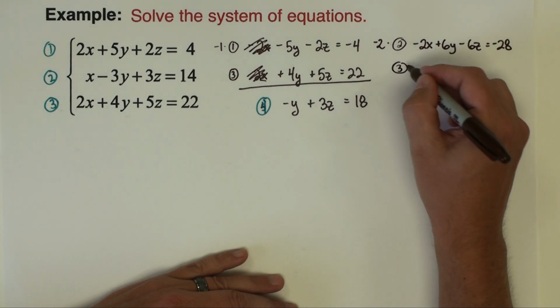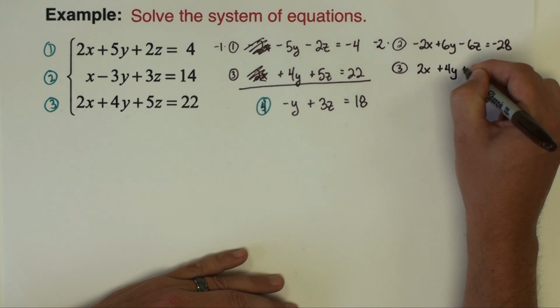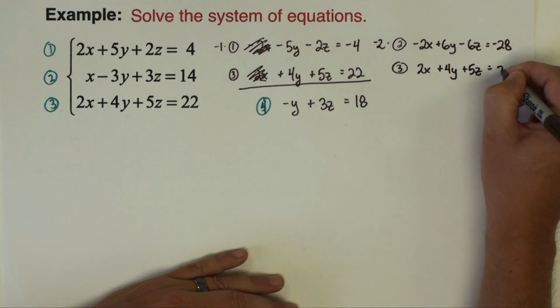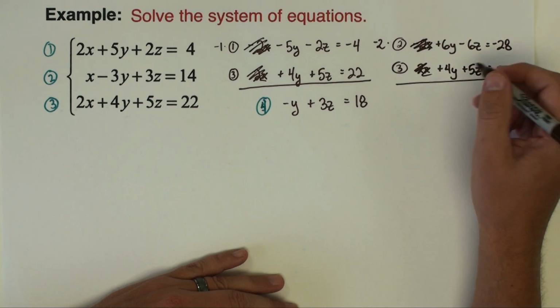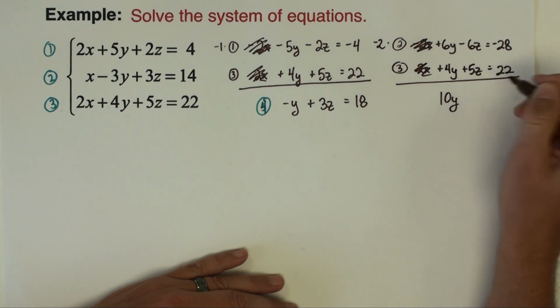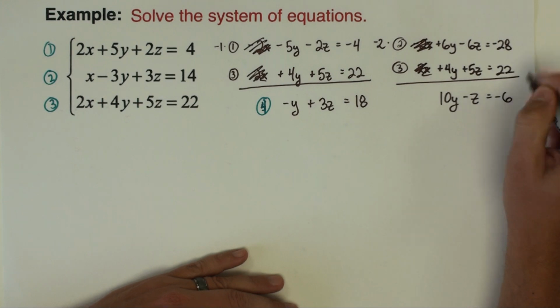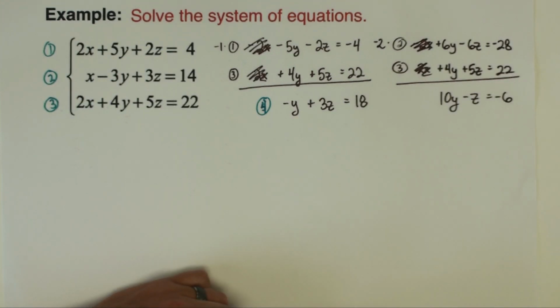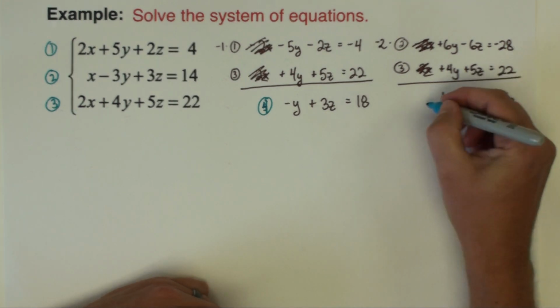And the bottom equation, equation 3, is 2x plus 4y plus 5z equals 22. So again, these x's are going to cancel. We've got 10y minus z equals negative 6. And that equation, oops, that is our equation number 5.